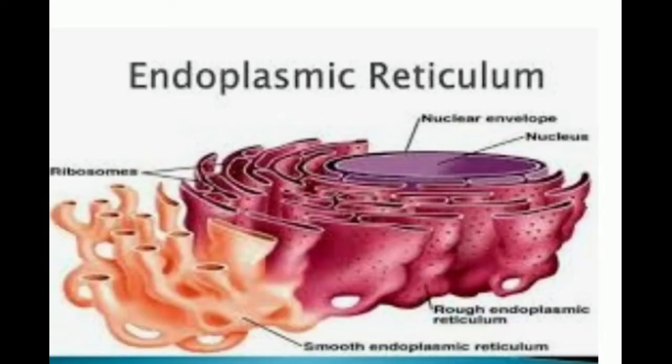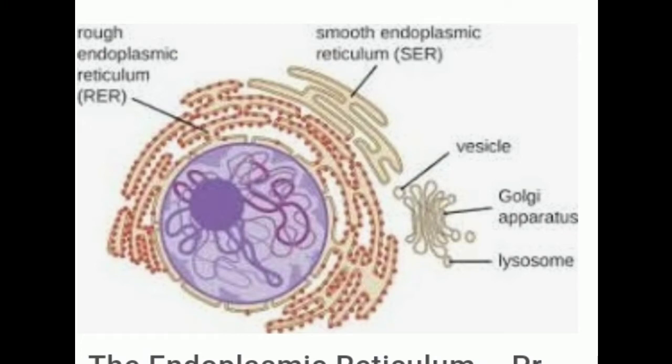Students, we'll start learning the next organelle, endoplasmic reticulum. See the structure of the endoplasmic reticulum. It starts from the nuclear membrane. The endoplasmic reticulum close to the nuclear membrane has ribosomes.